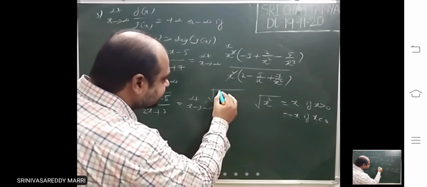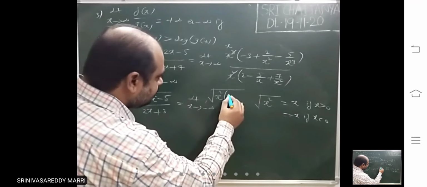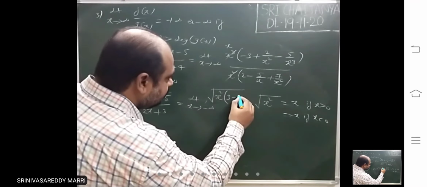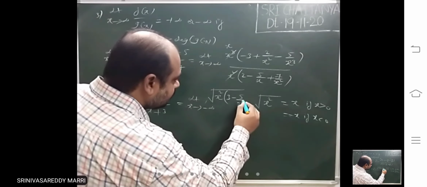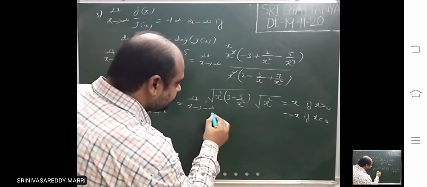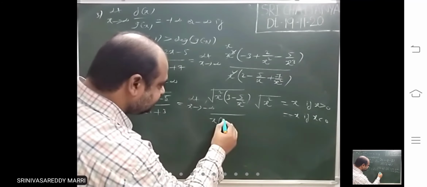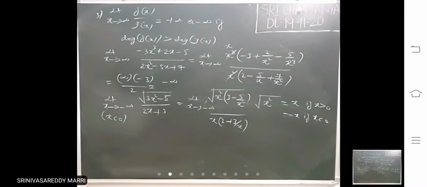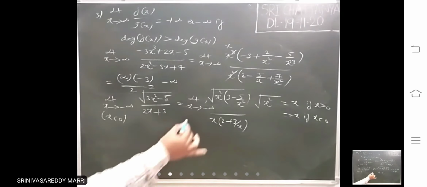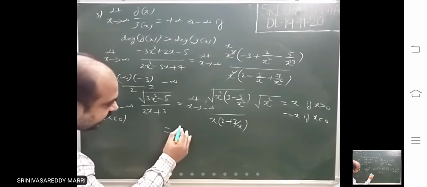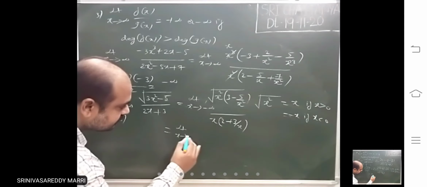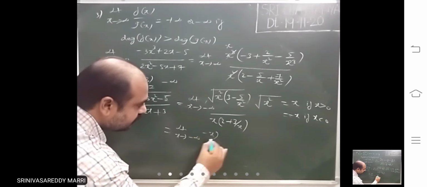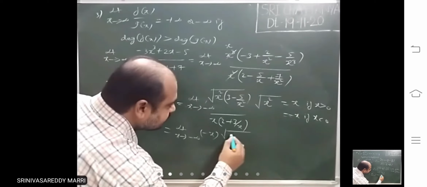Now in the root, you take the highest degree common. Divided by, here the highest degree is x. So now root of x square you write as minus x.